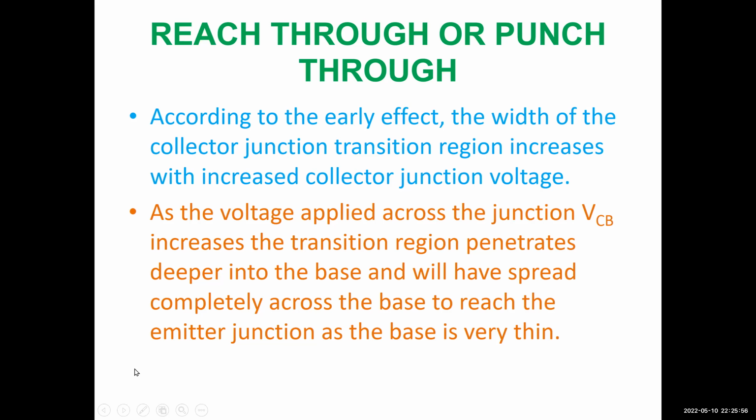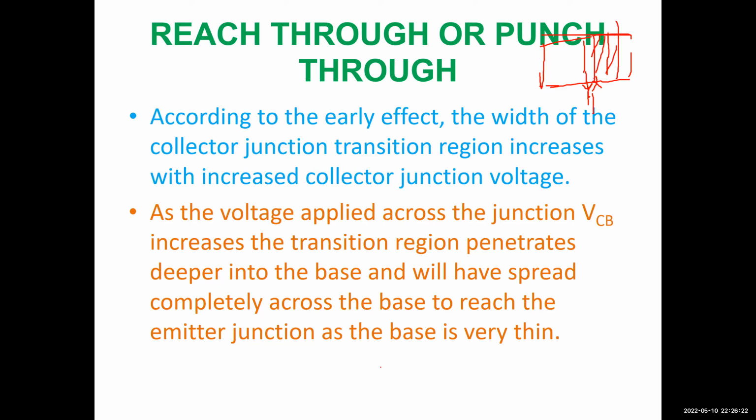So like this you have your NPN transistor. This is the depletion layer of this region. Now this will be your effective base width, that is, the remaining area in the base region.